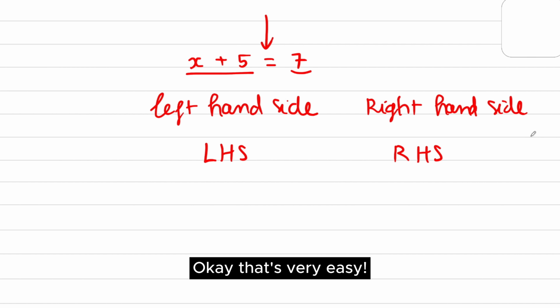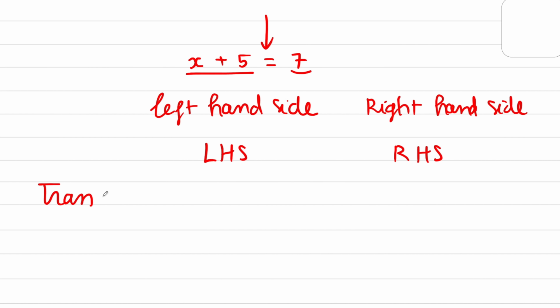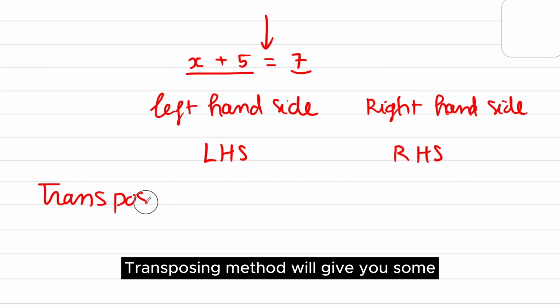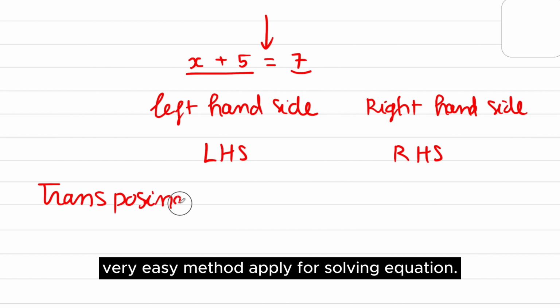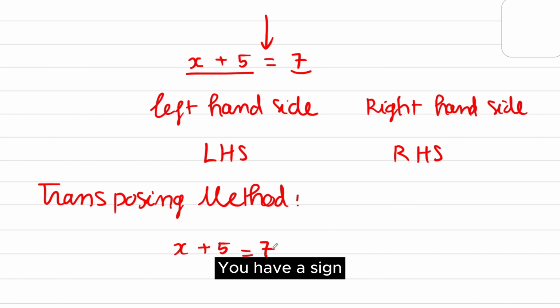Okay, that's very easy. I want to introduce the transposing method. The transposing method gives you a very easy way to solve equations. You can understand it like this: you have a number, and in front of that number you have a sign.